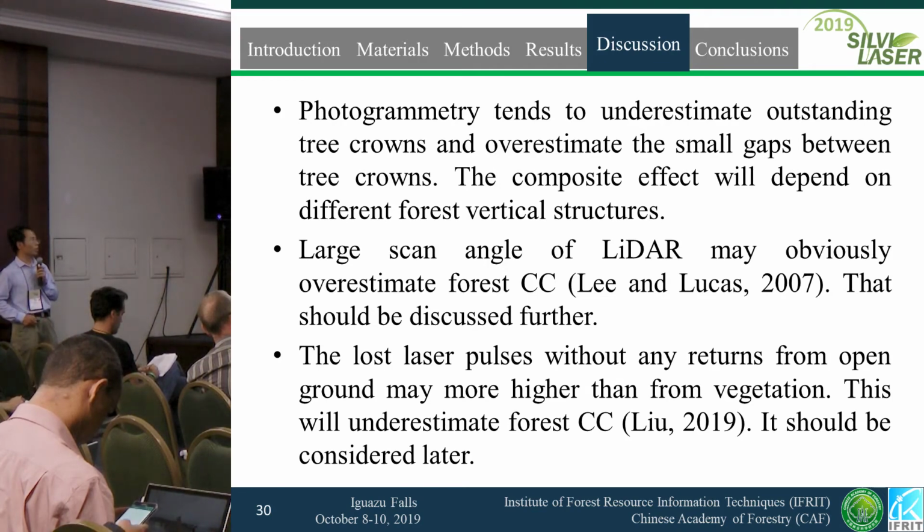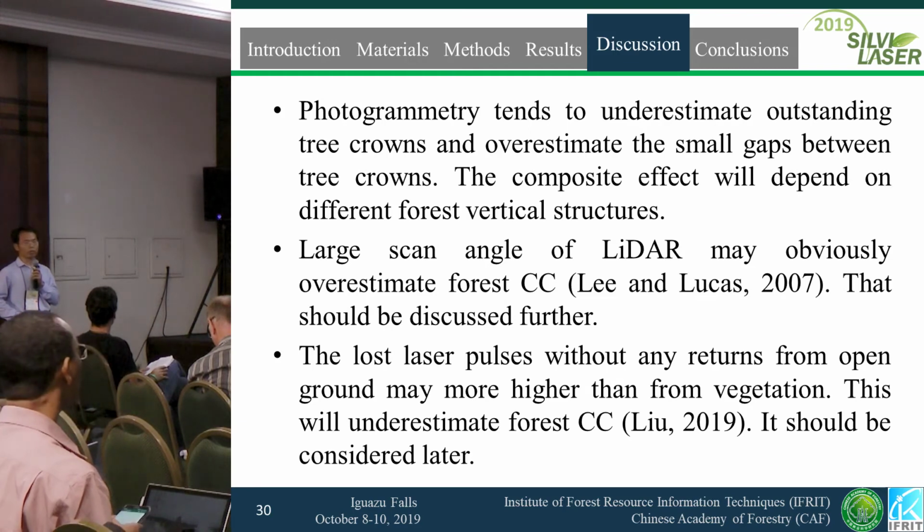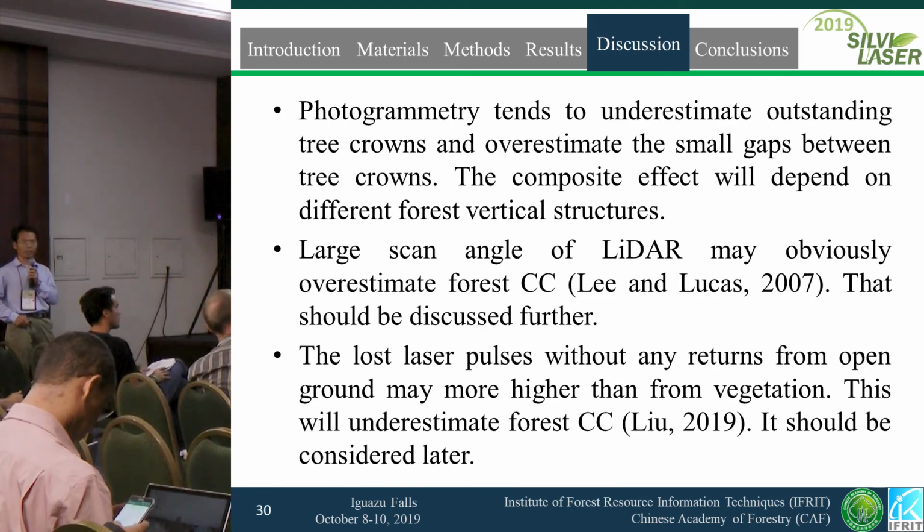Another problem I wanted to mention is that I found a very obvious phenomenon in another test: lost pulses have a serious effect on canopy cover. What do lost pulses mean? It means the LiDAR system transmits laser pulses, but there isn't any backscattered signal from the target, because of the lower reflectivity of the targets.